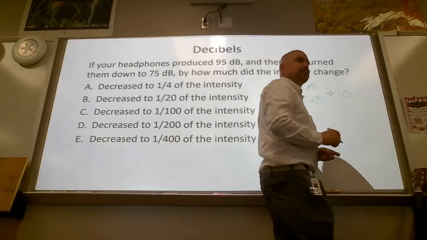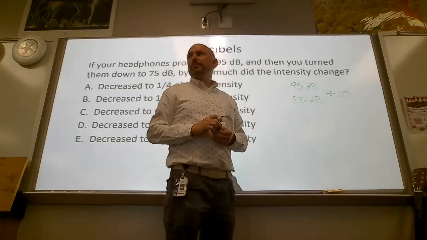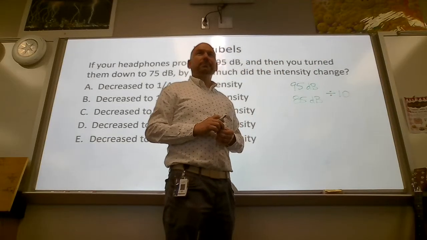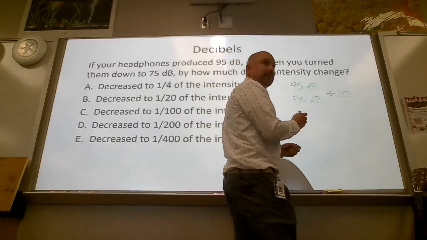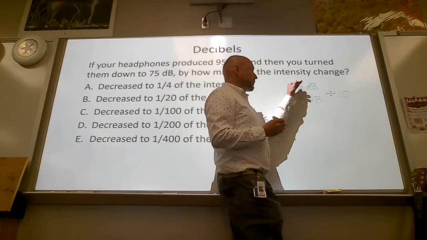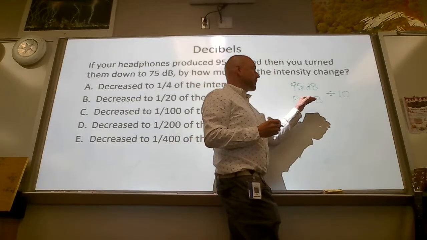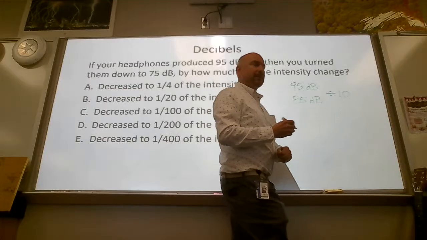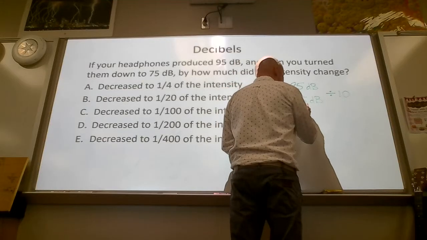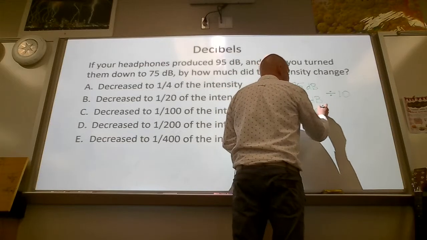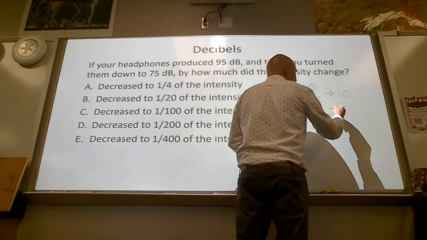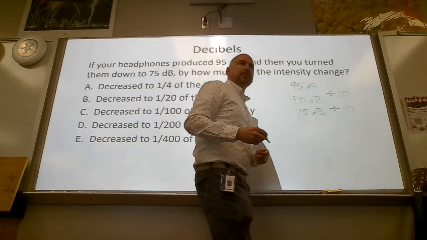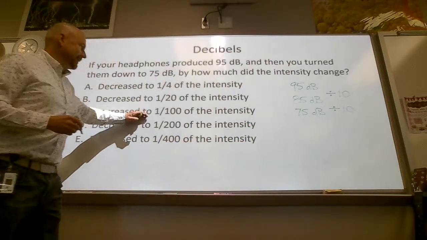We divide by 10. We subtract 10 decibels, we divide by 10 for intensity. Going from 85 to 75, we subtract 10, so we divide by 10 again. Correct answer is C.